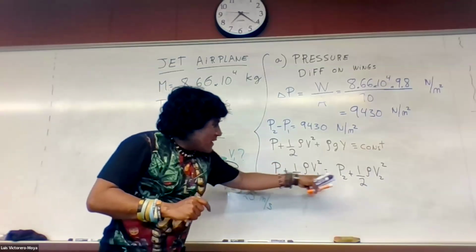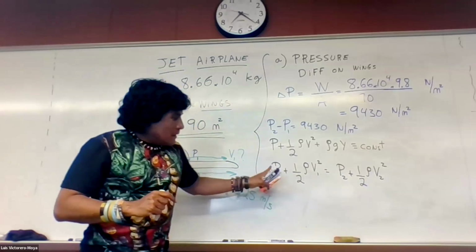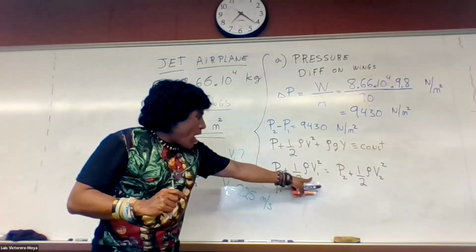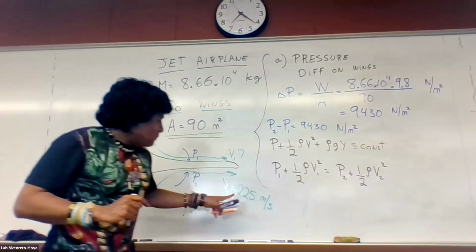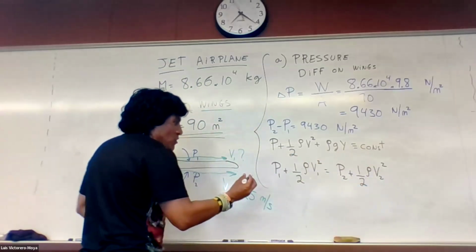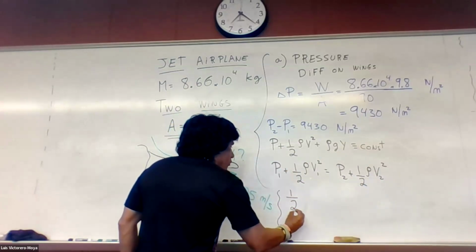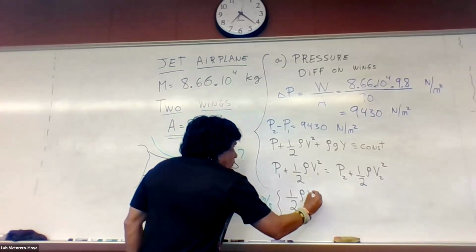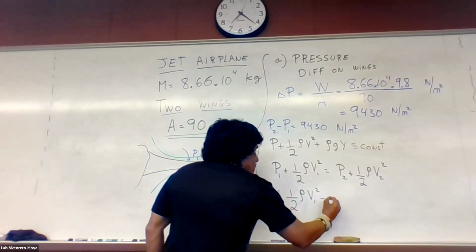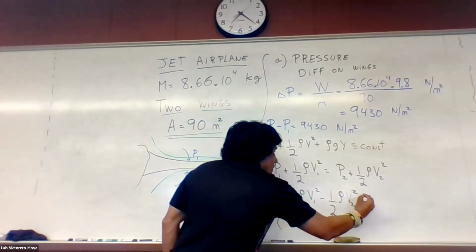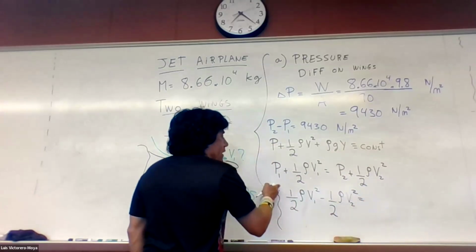I can do this minus this by moving this there, and I know V2. So I can write the equation like this: 1/2 rho V1 squared minus 1/2 rho V2 squared equals P2 minus P1.